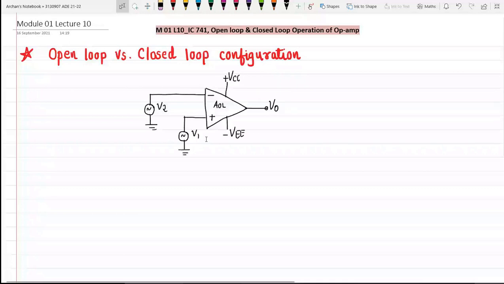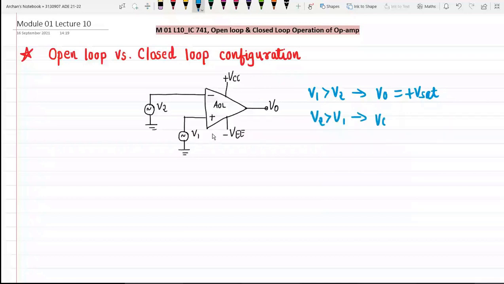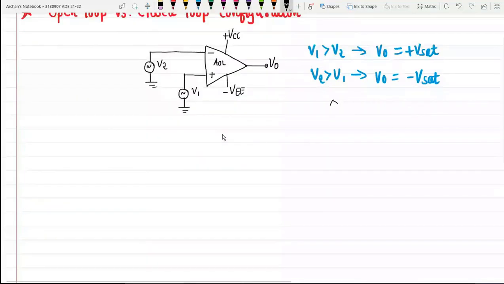If V1 is greater than V2, what will happen to output voltage V0? V0 will be positive Vsat, and if V2 is greater than V1, then the output voltage will be negative maximum, that is negative Vsat. We have already seen this in the voltage transfer curve of the operational amplifier. Here VD is the difference voltage, that is V1 minus V2, and this is V0.